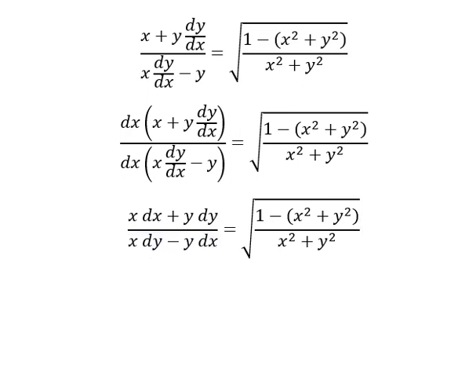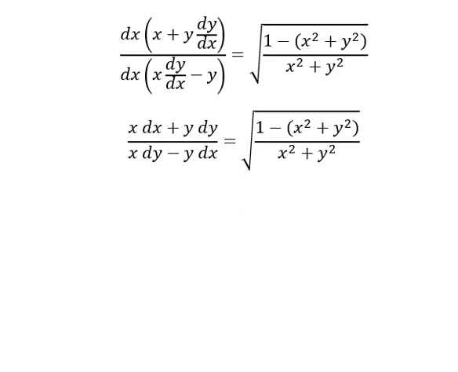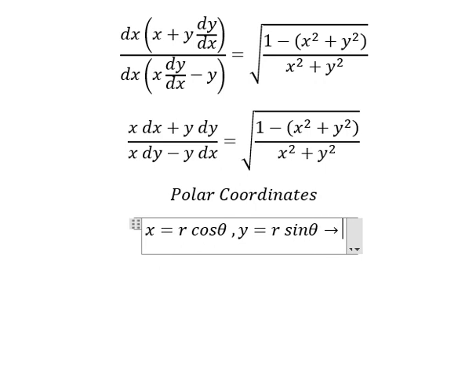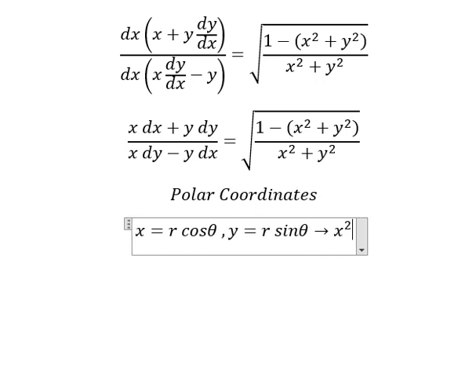Next, we can use polar coordinates. So I will put x equals r cosine theta, y equals r sine theta, and then we have x squared plus y squared.